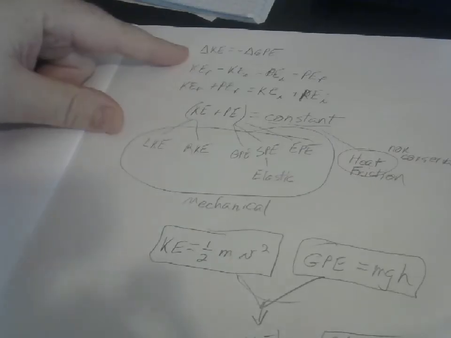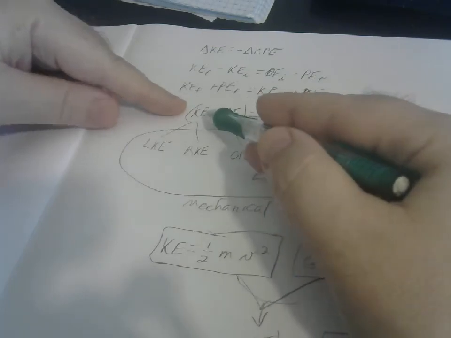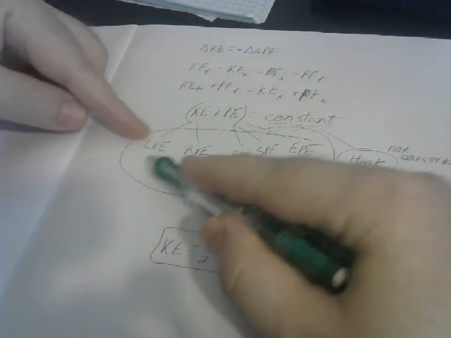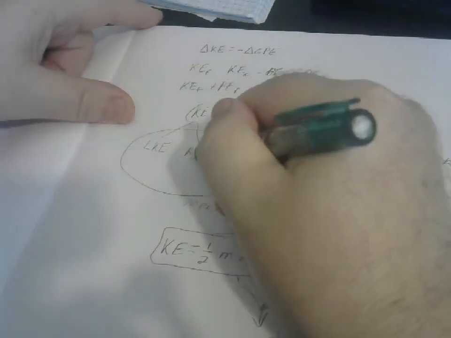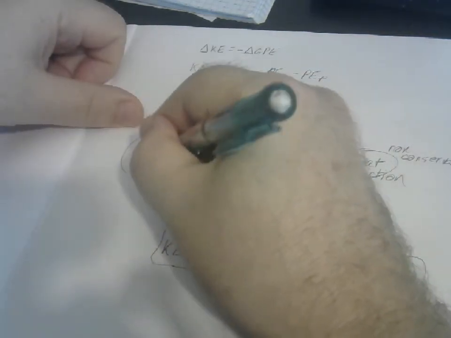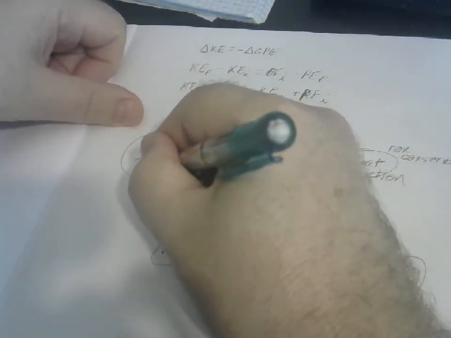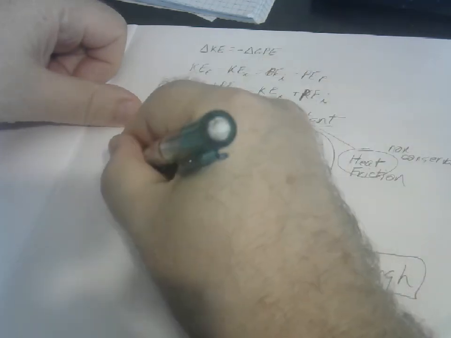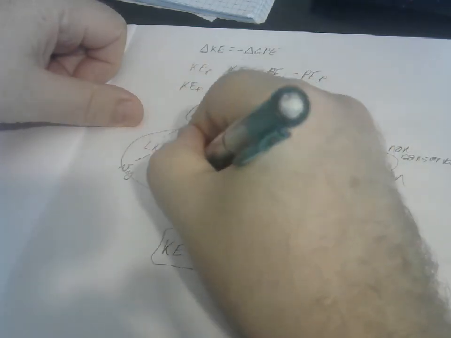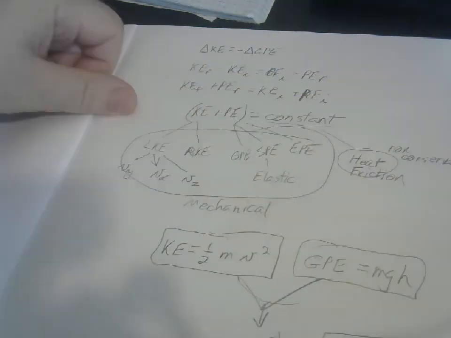So I had earlier mentioned that kinetic energy could be split into linear kinetic energy and rotational kinetic energy, but now we realize the linear kinetic energy can be split into v sub x, v sub y, and v sub z.